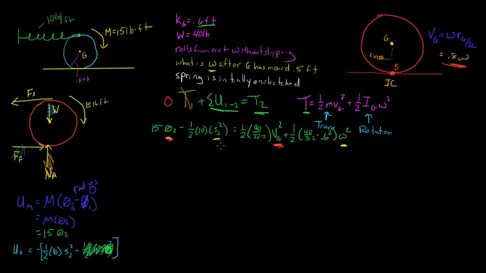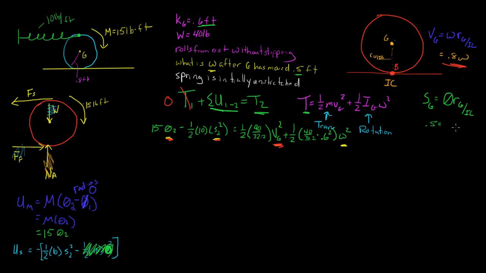Well, what am I going to do? Again, I can use parts of this. I can say that the distance my center of mass travels is going to be equal to some angle it rotates times the distance from the center of mass to my instantaneous center. So right here, this is going to be 0.5 because it moves 0.5 feet.